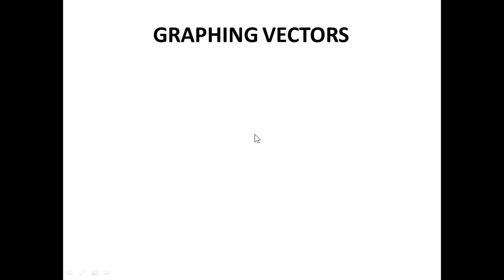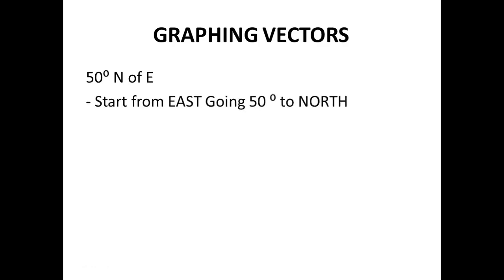The other one is where we are given an angle followed by a direction of a direction. How are we going to graph it? We need to start from the east, going 50 degrees to the north.